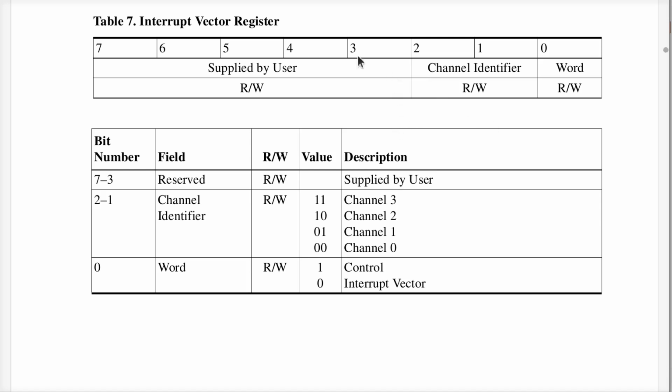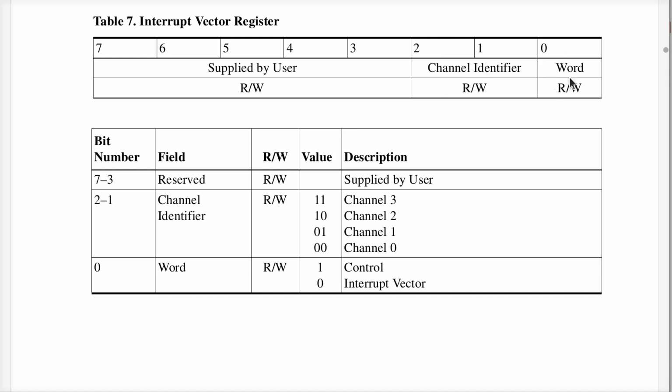So while I can alter these bits, during the acknowledgement cycle, the CTC will supply what I said here. And for these 2 bits, it'll put a 0 if the interrupt comes from channel 0, and a 1 from channel 1, and so on, in these 2 bits.